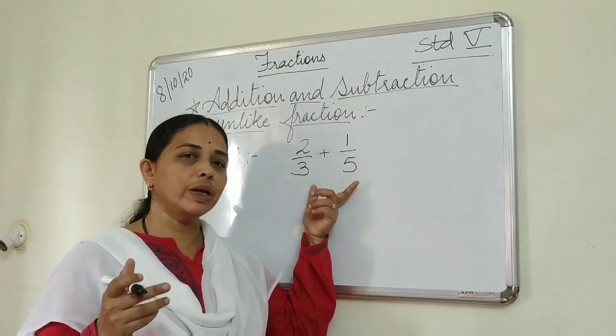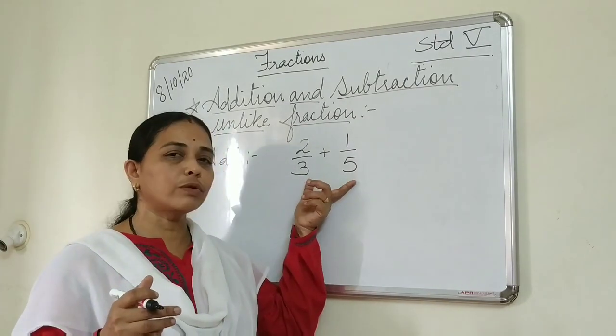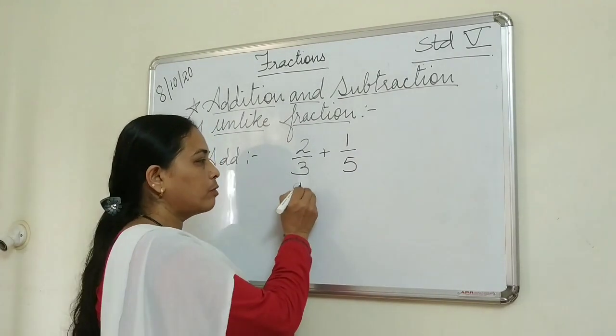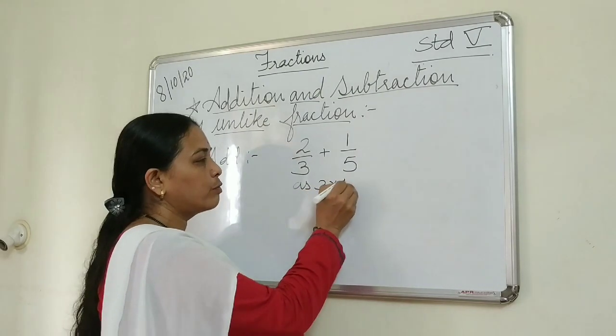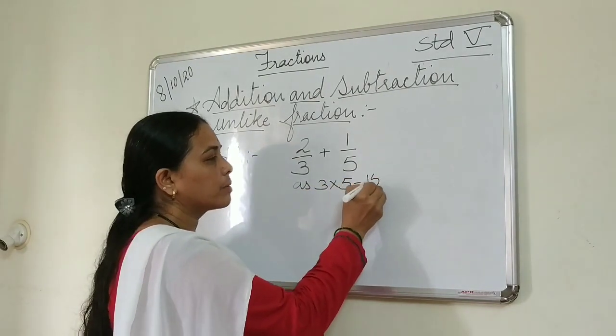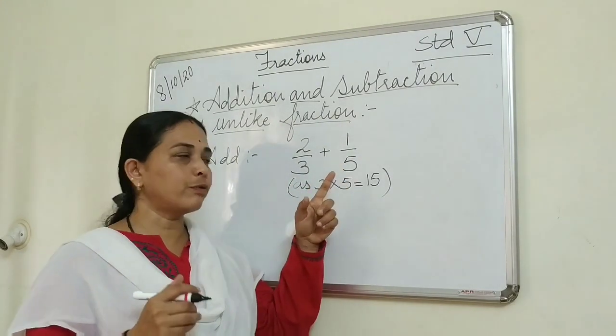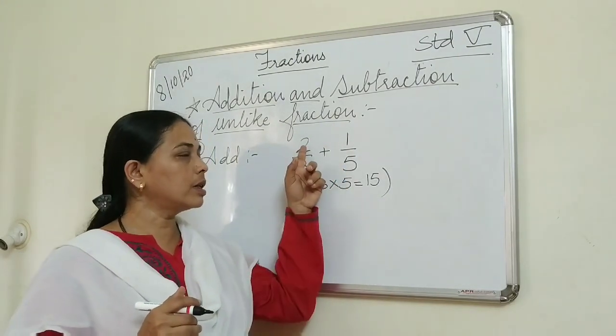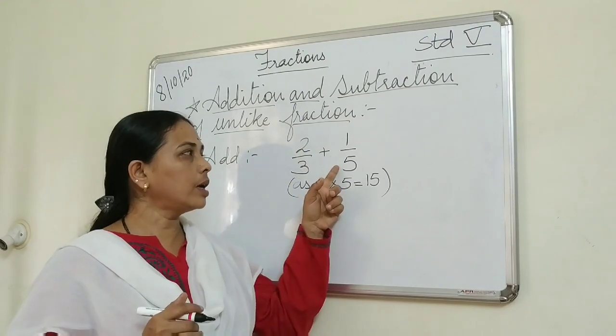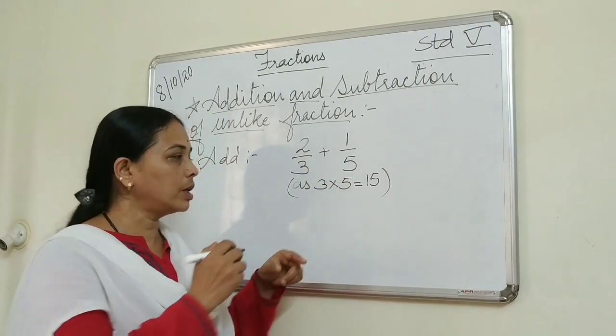You have learned to make like fractions. Same way you have to do here. Common multiple of 3 and 5. That means 3 into 5 is 15. So we can easily make the denominator 15 by multiplying this fraction by 5 and this fraction by 3.